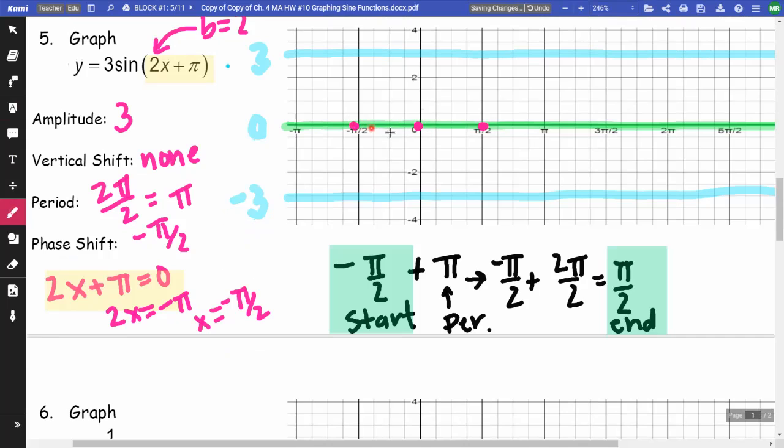And then halfway in between these, I'm going to be going up 3. Halfway in between these, I'm going to be going down 3. So it's going to be here. And then that is going to be my graph.